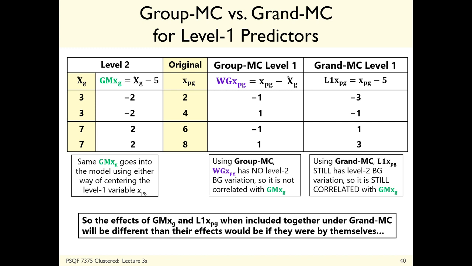They have to fight against each other. So what their effects mean changes based on whether the other is in the model. If you don't put group mean in the model, this grand mean centered level 1 predictor gives you the smushed effect. It has both level 2 variation and level 1 variation, so its one fixed effect has to do the work of 2.